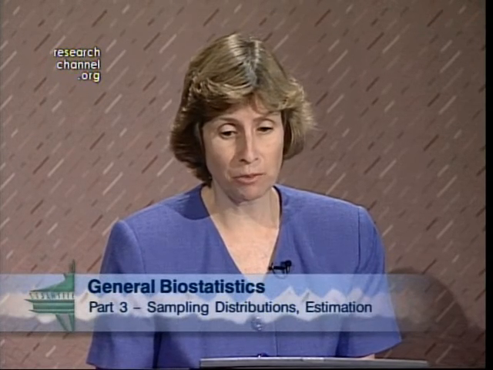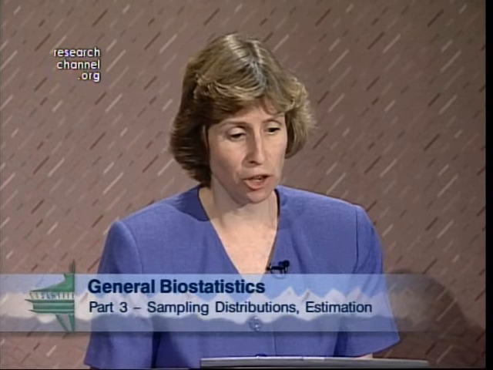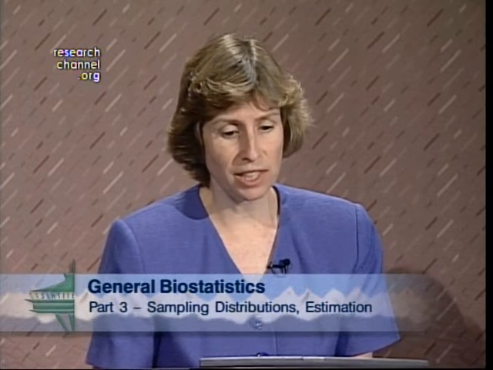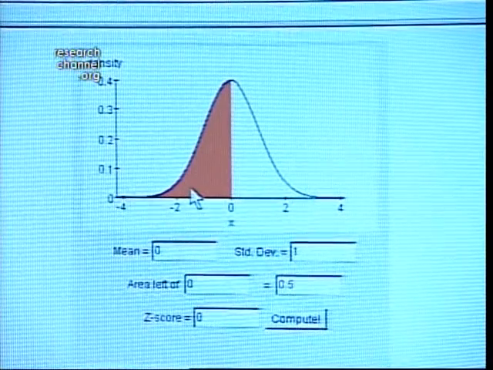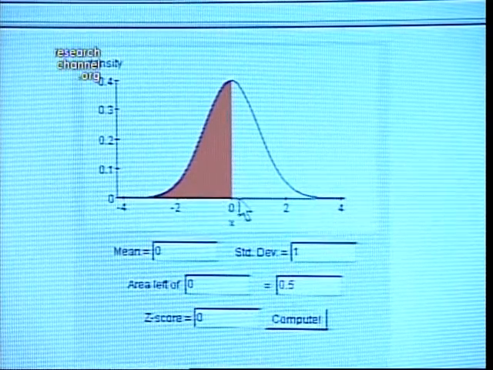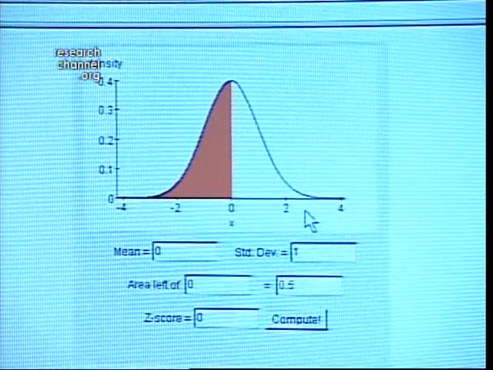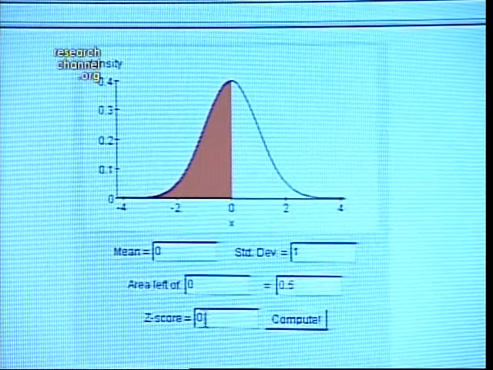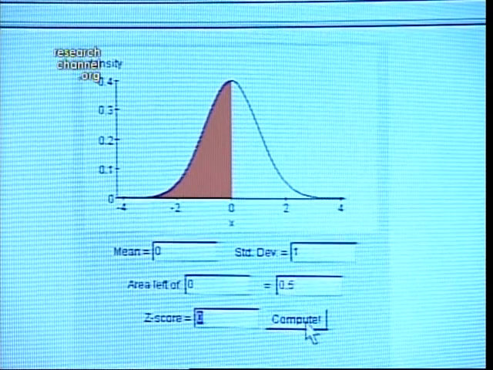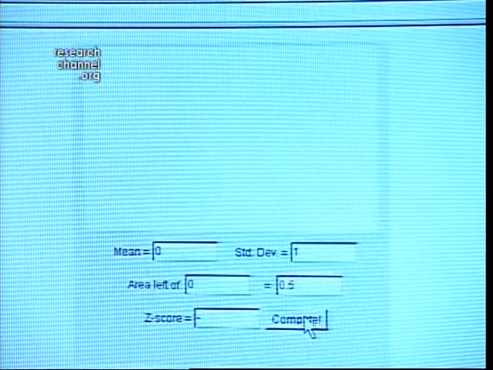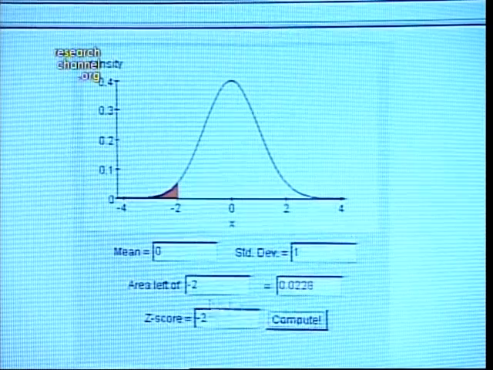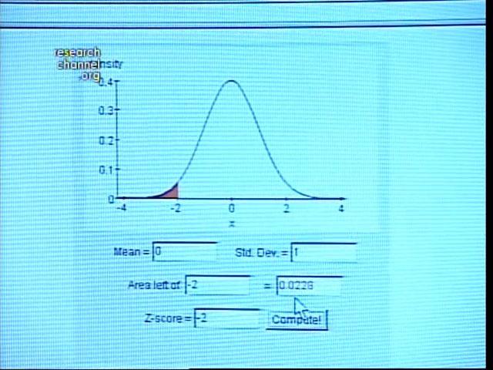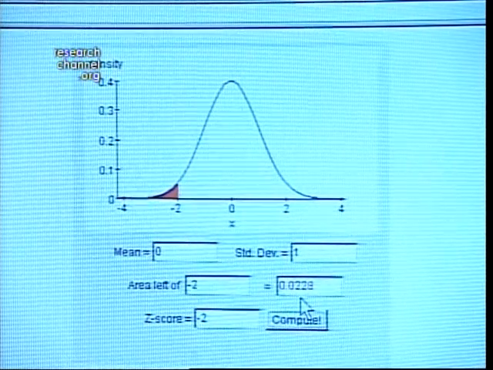There's another applet that allows you to look at the area under the curve. Remember, the total probability is equal to 1. What's outlined in red right here is half the probability under the curve, so 0.5. What's unshaded is also 0.5. If I wanted to calculate the probability of a z of -2 or something less, I could enter this in and calculate it, and you see that probability is exactly what's tabled in the appendix in the book, 0.0228.